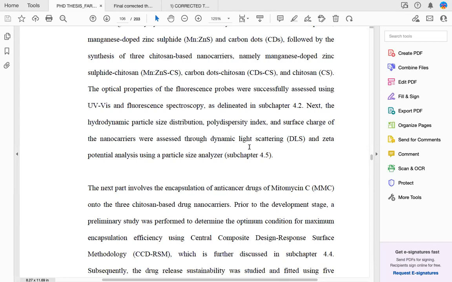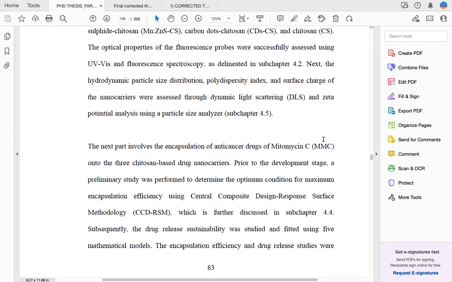Then zeta potential and particle size analyzer, because she wished to prepare nanomaterial. So particle size analyzer is very important, and zeta potential is for charges. What kind of charge the material that you want to prepare has. So using zeta potential, you can know the charges of the material.